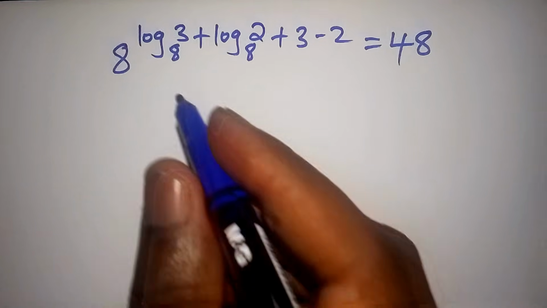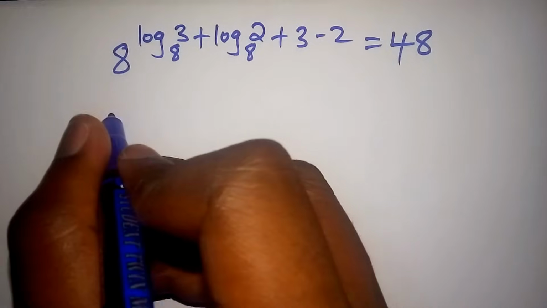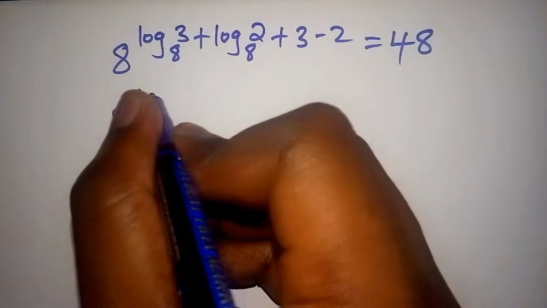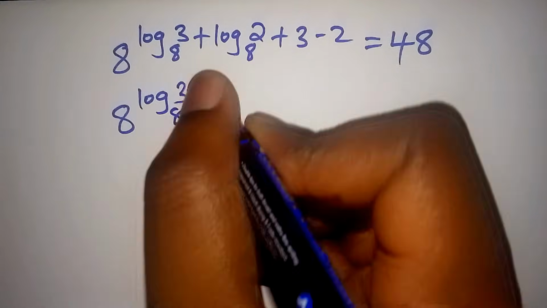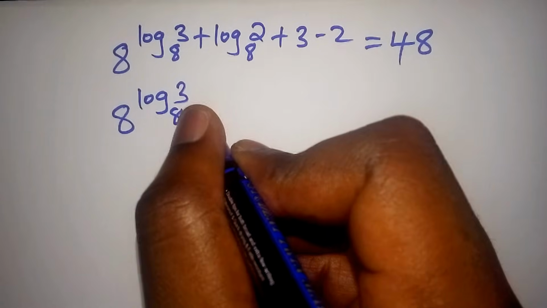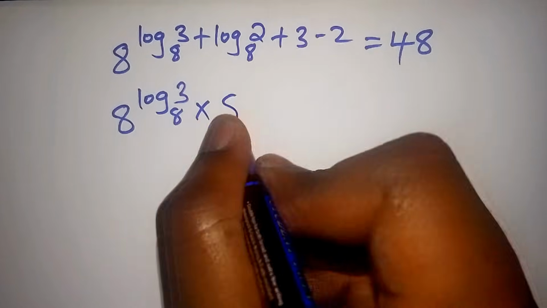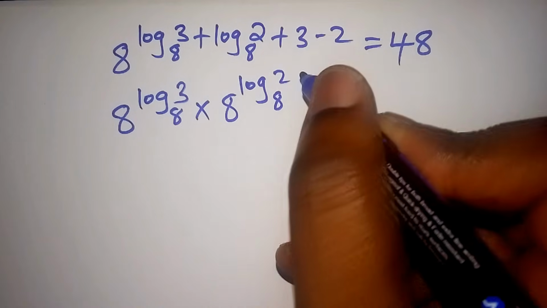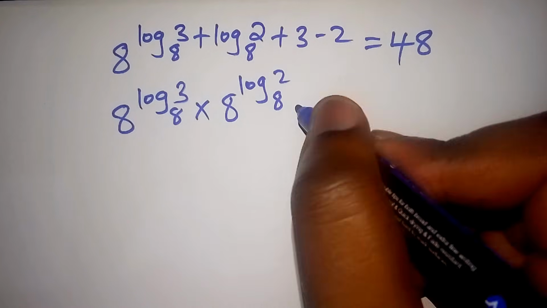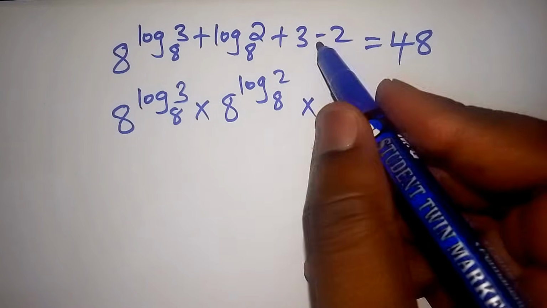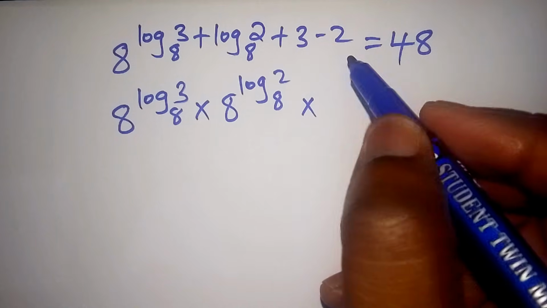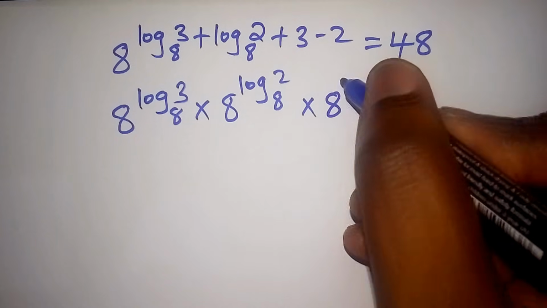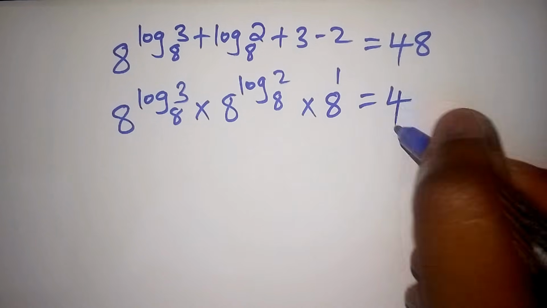We can write this maths problem afresh as 8 to the log of 3 to the base of 8, then the plus changes to multiplication, 8 again to the log of 2 to the base of 8, multiplied also by 8 to the power of 3 minus 2, which is 1, so 8 to the power of 1, equals 48.